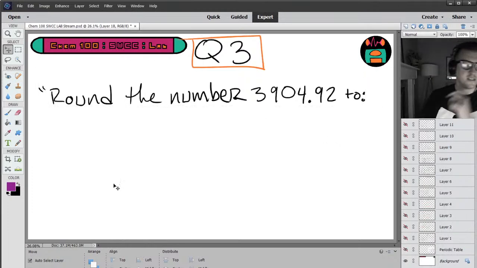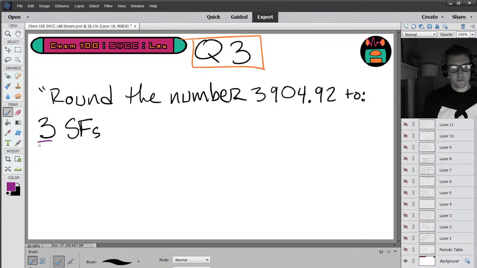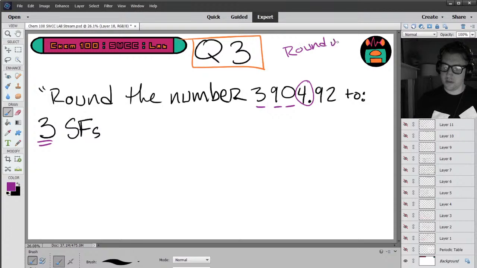Let's really dig into this. So 3 sig figs. If you're going to round to 3 sig figs, you got to count them off, right? 1, 2, 3. And then you have to ask, does 4 round up or down?